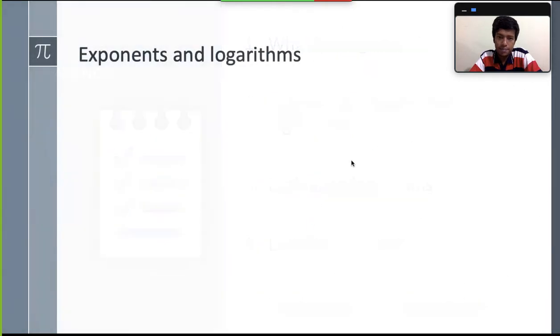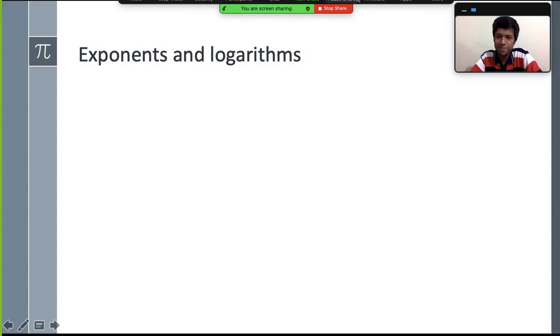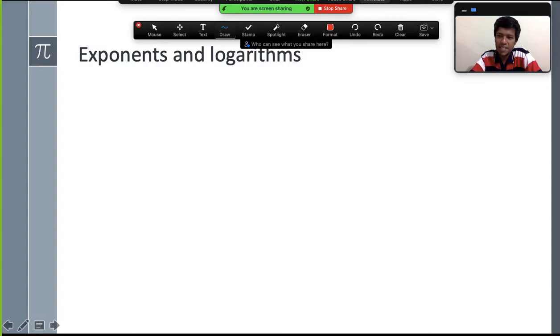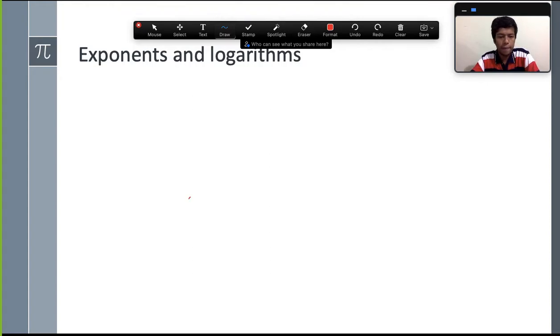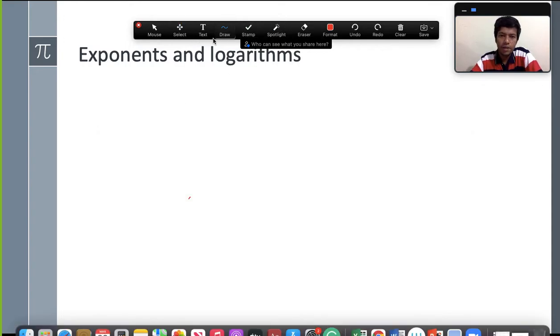Let's first discuss exponents and logarithms, how they are related and connected. This exponential function is something you have an idea about.